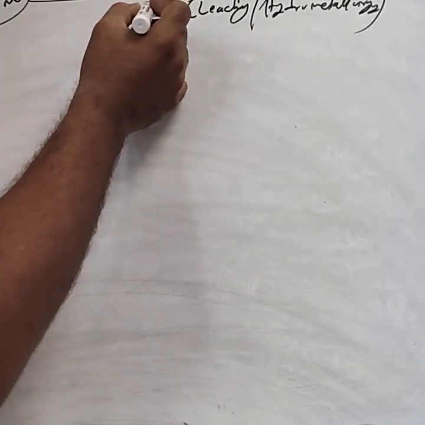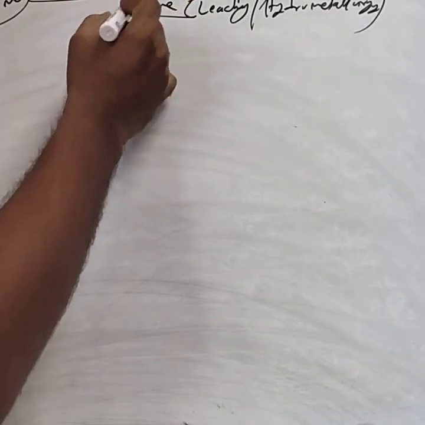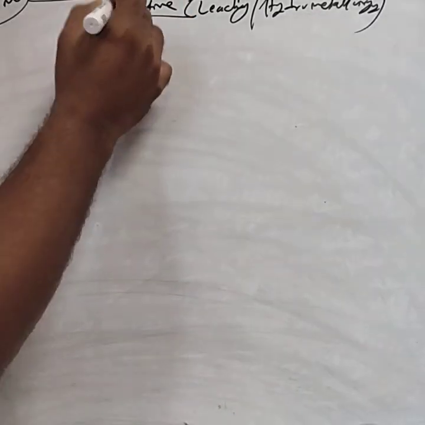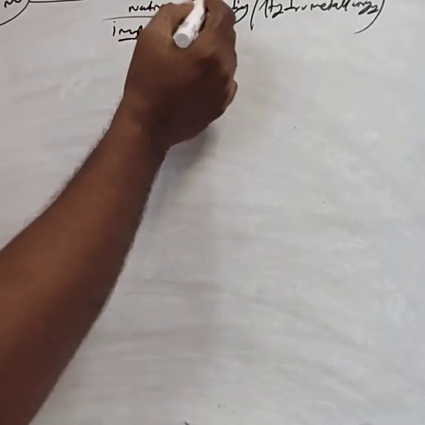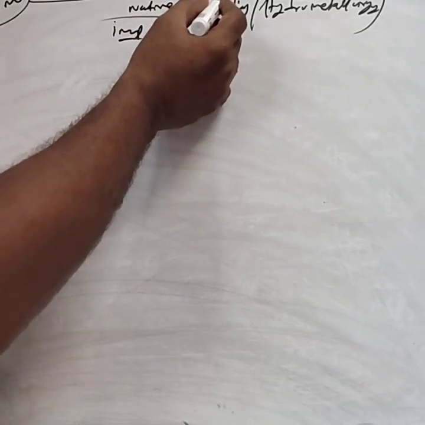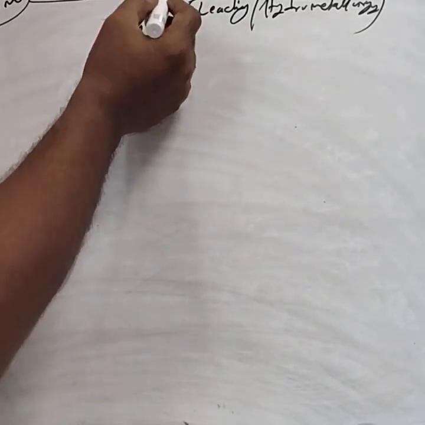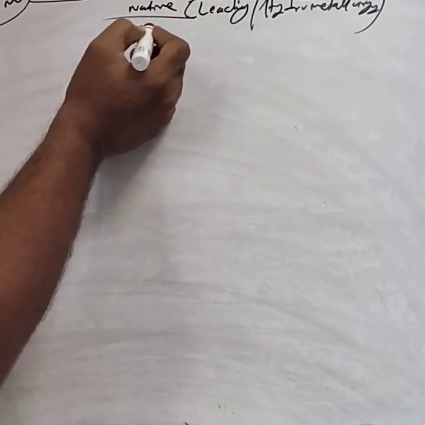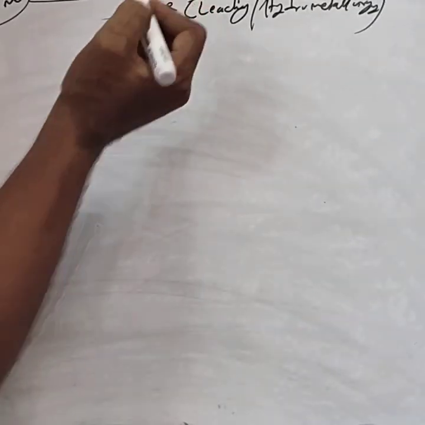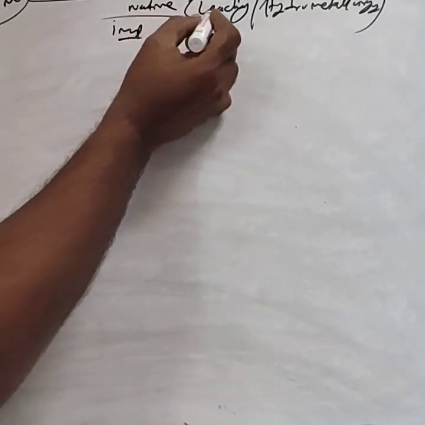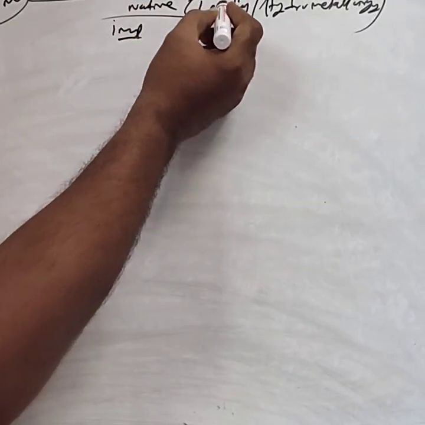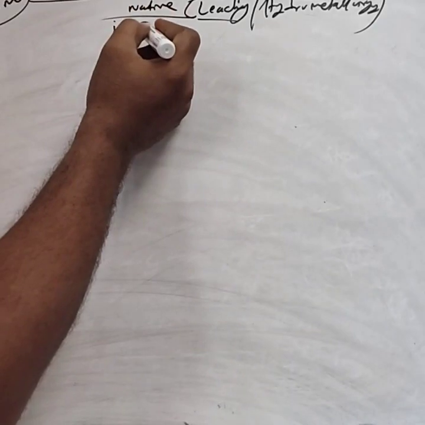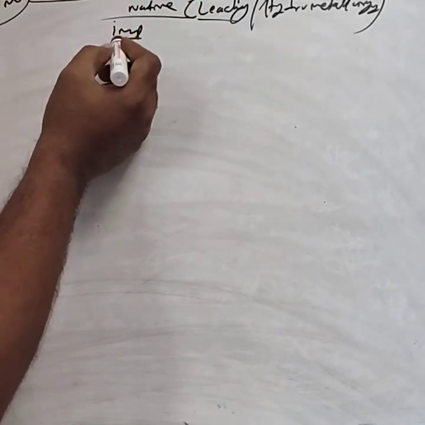The gold present in the native form contains other impurities. In the leaching process, only the pure ore dissolves in a suitable solvent, while impurities are insoluble. The leaching principle is that the ore dissolves in a suitable solvent, while impurities are insoluble.